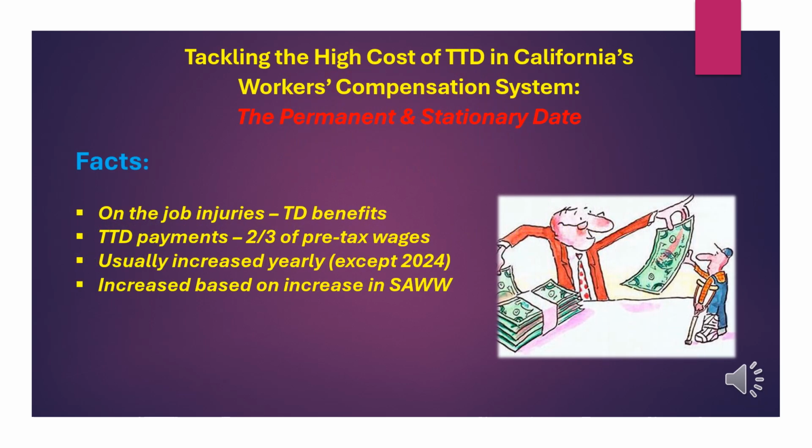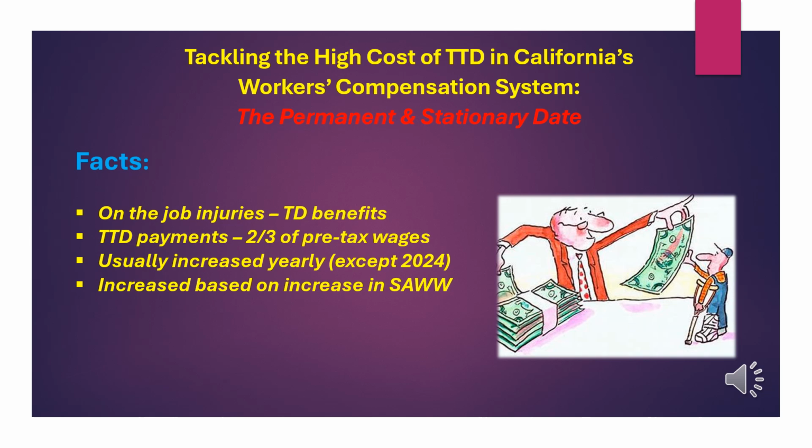First, let's cover some basic facts. When an employee is injured on the job, workers' compensation allows the employee to receive temporary disability benefits while being off work and recovering from the injury's effects. Now, temporary disability payments typically are 2/3 of the pre-tax wages that the employee will lose while recovering from the job-related injury, up to a statutory maximum amount, which are California's TTD rates, which we'll discuss.